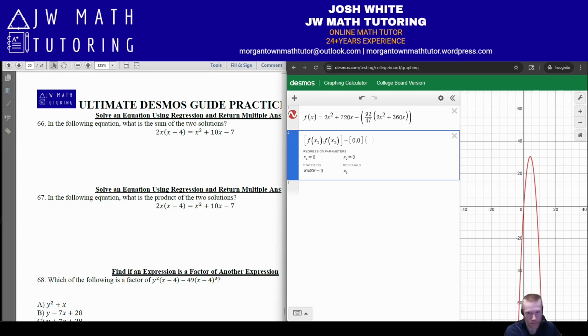Okay? So what happens if I try this? Notice what happens is it makes x1 0, which is valid. However, notice for x2, it's a ridiculously small number. It's times 10 to the negative 168th power.